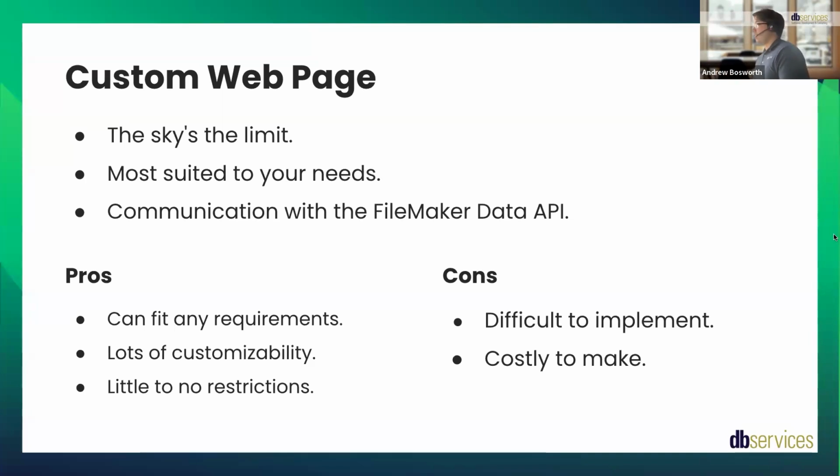You can customize it to no end, but the best way to get that data into your FileMaker solution is probably the FileMaker Data API. So you just need to make sure that you have a good way of communicating between your web page and the Data API. Otherwise, you're going to have to get creative with other ways of integrating.